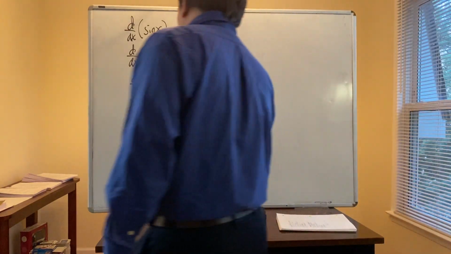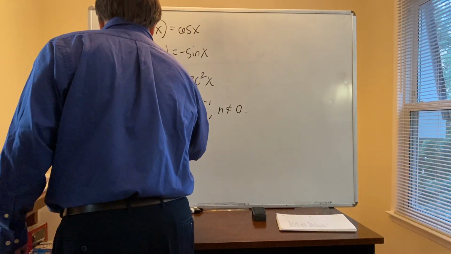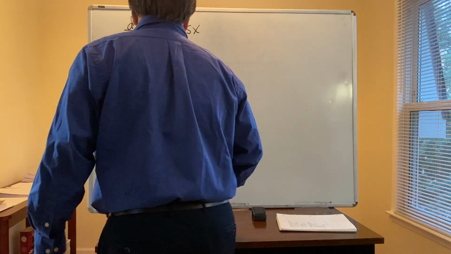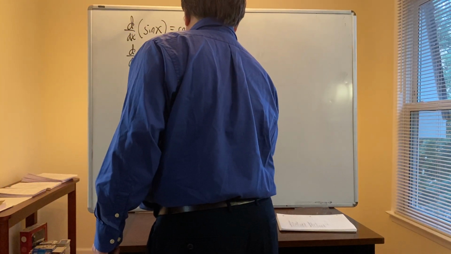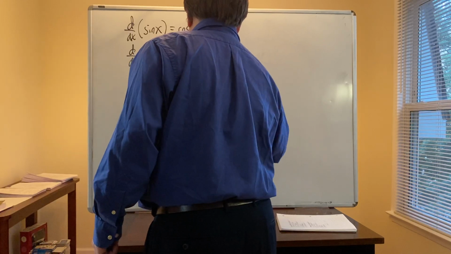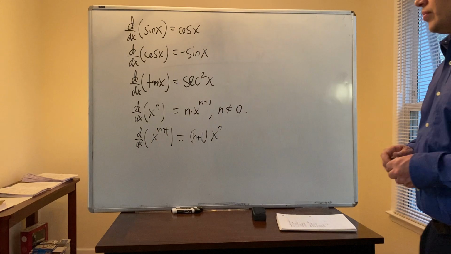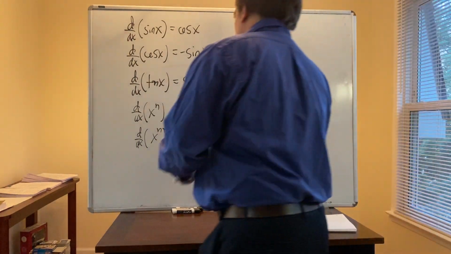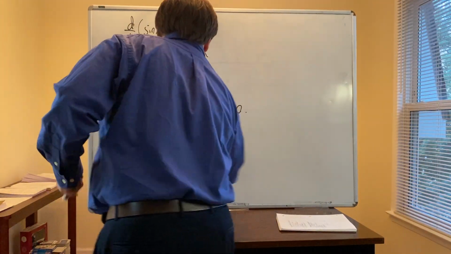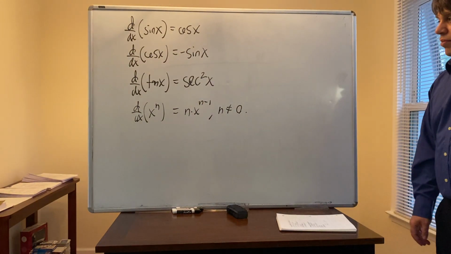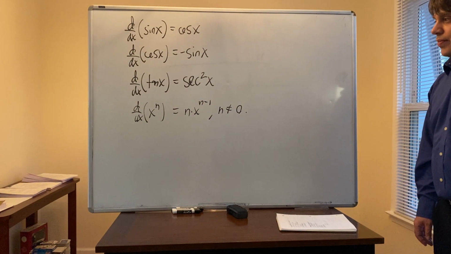Okay, now another way to think of it is the derivative d/dx of x to the n plus 1 is equal to n plus 1 times x to the n. But, so I guess we keep it this way. So the derivative d/dx of x to the n is equal to n times x to the n minus 1, where n is not 0.